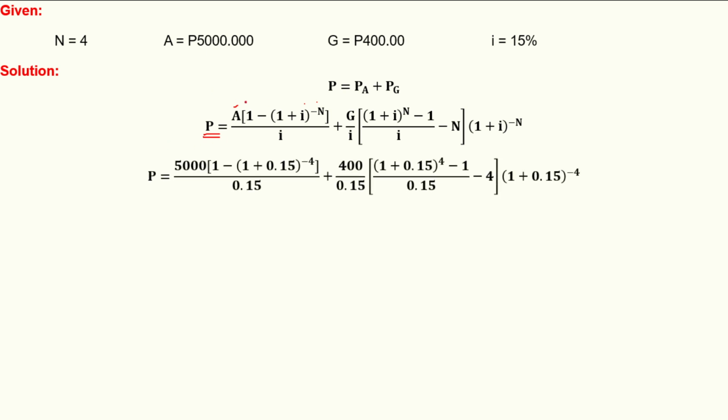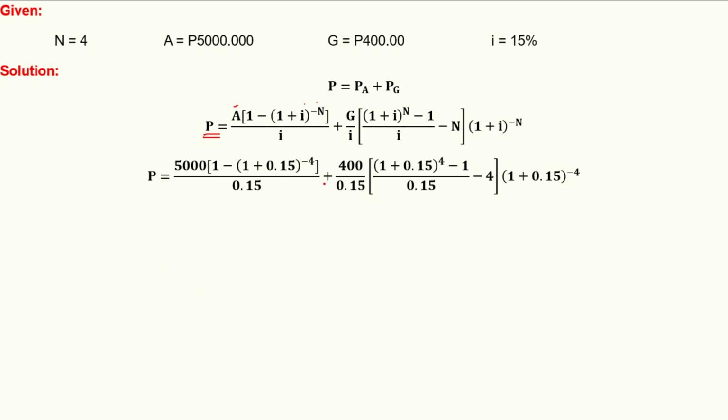So, by substituting all the values, we have A of 5,000, 1 minus 1 plus I, which is 15%, raised to N, which is 4, negative 4, over 0.15, which is the I. Plus, yung G natin ay 400. 400 yung ini-increase na value ng ating disbursement kada taon.